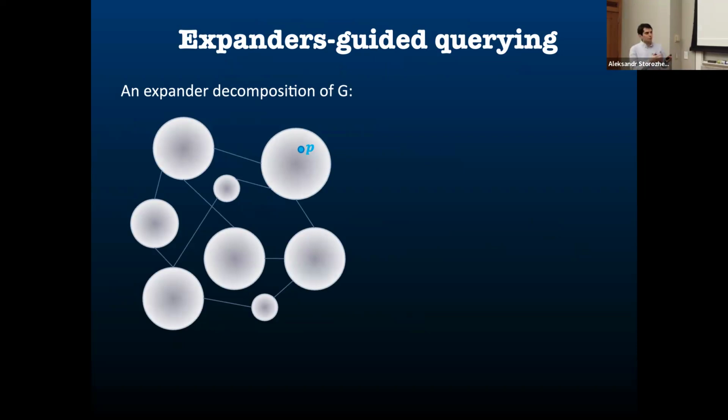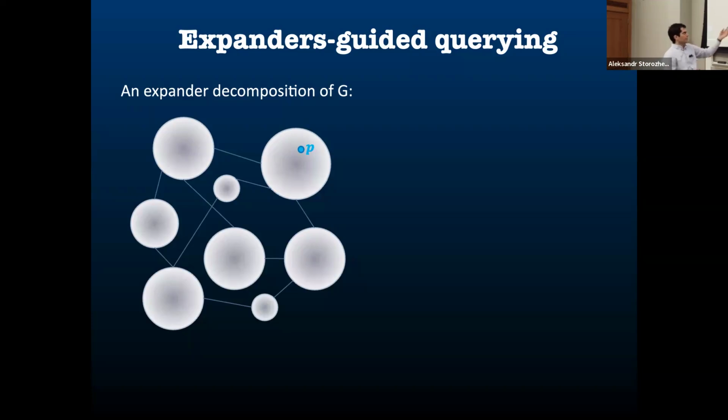So this goes into when you try to solve the single source problem. Imagine you have a pivot, this node P, and you are trying to find the minimum cut to everybody in the graph. And you're trying to beat the naive algorithm that for every target computes the minimum cut with a query. At a high level, what we do is compute an expander decomposition of the graph.